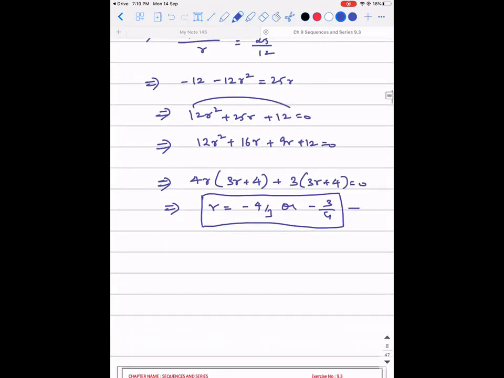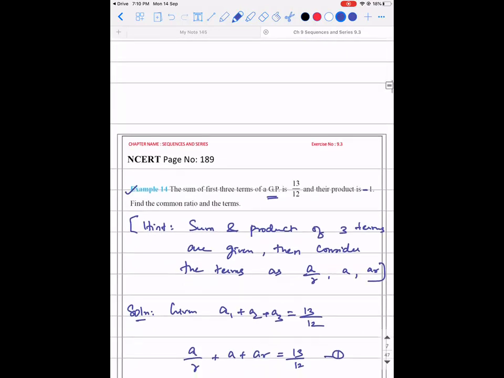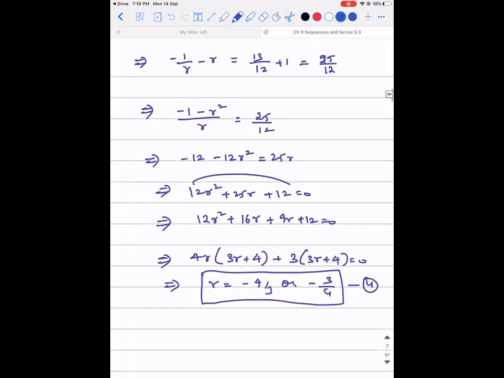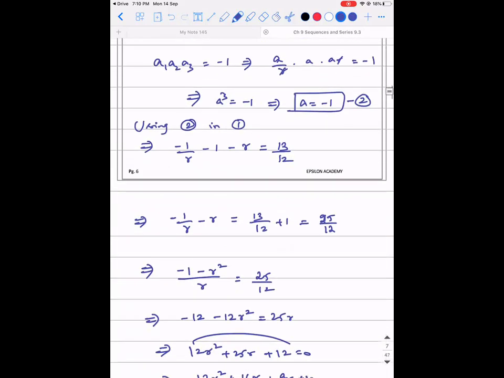Substitute minus 4 by 3 in 1 and minus 3 by 4 in 1. Check which one is satisfying. And once you get the value of A, they're asking find the common ratio and the terms. So R is minus 3 by 4 and minus 4 by 3. Just substitute and see. So which one is satisfying?